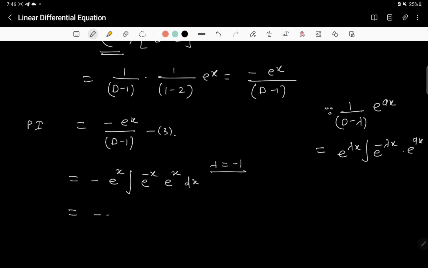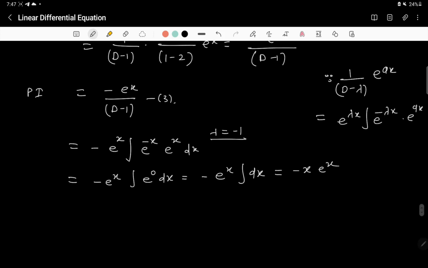Now solving, exponential minus x times exponential x becomes 1, so we get the integral of dx, which is x, times e to the x. So this is your PI: minus x exponential x. This is number 4.